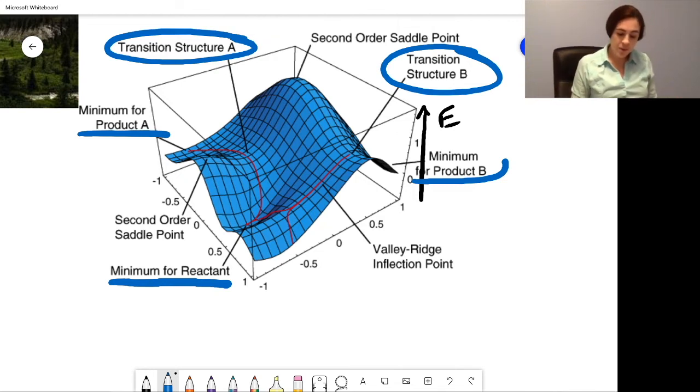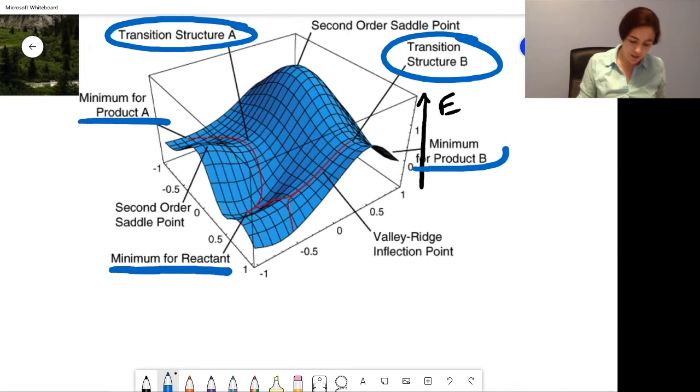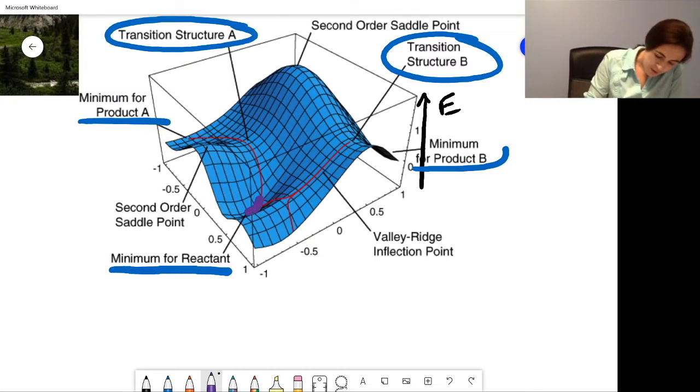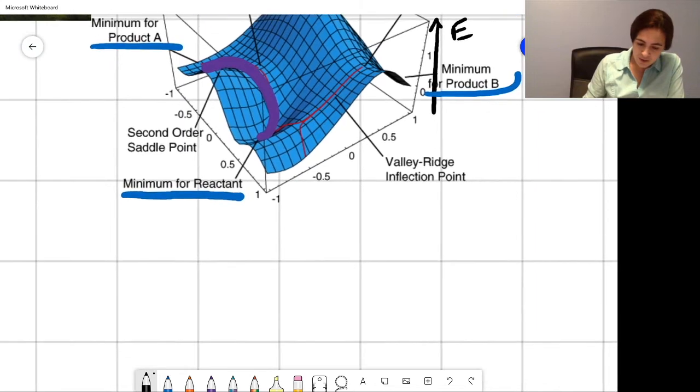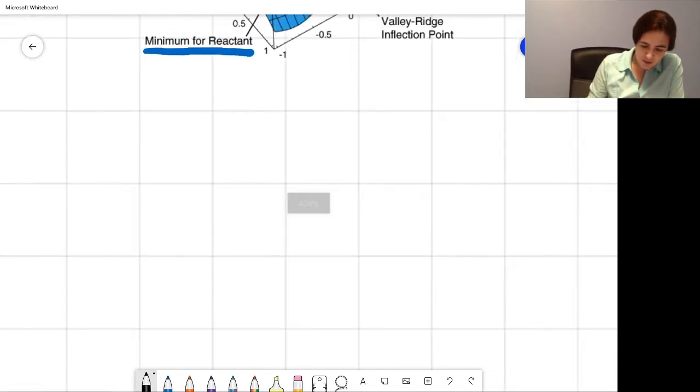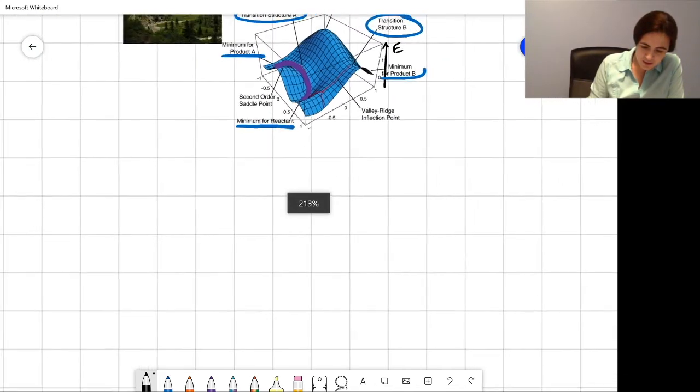So this is a fairly complex thing to draw, and if we're just trying to draw out a reaction or an idea of what we want to see happen, we're going to take a single line. And in this case, we would represent that by one of these red lines, or I'll draw over it in a very thick purple line. We'll take that line there, and we'll draw that onto something a little simpler.